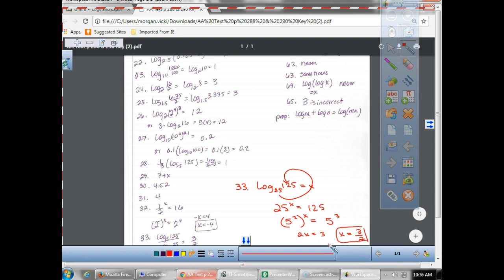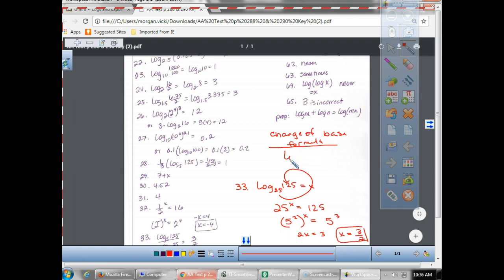Now, it's part of the notes from yesterday. 3 divided by 2 is log 125 over log 25. Well, it's a formula. This is something called the change of base formula. Why make the formula if you just solve it? I agree totally, but we're supposed to teach it to you. You can do it either way.